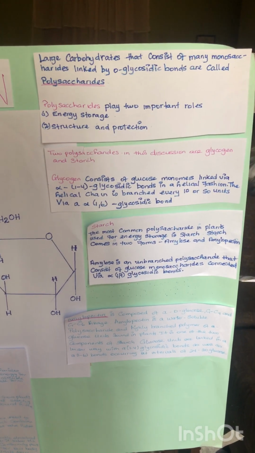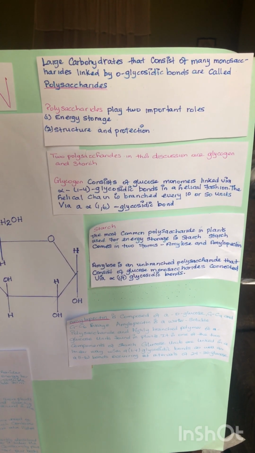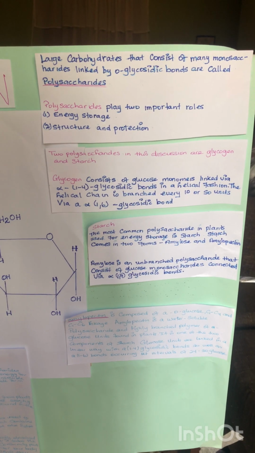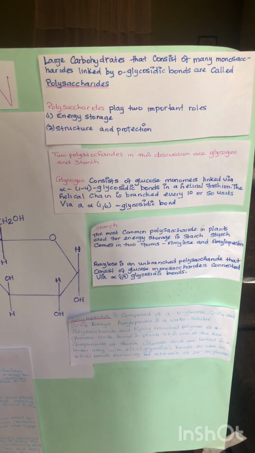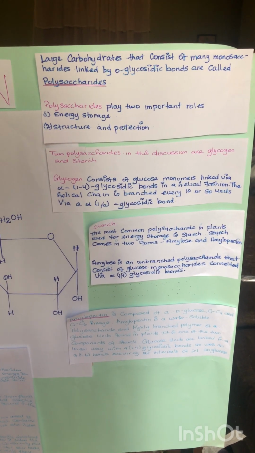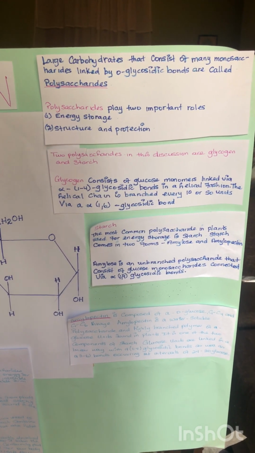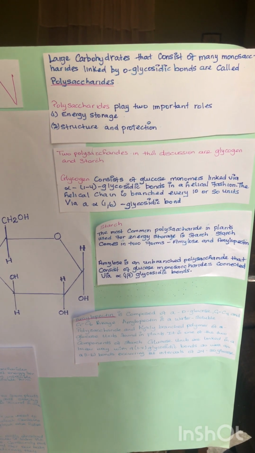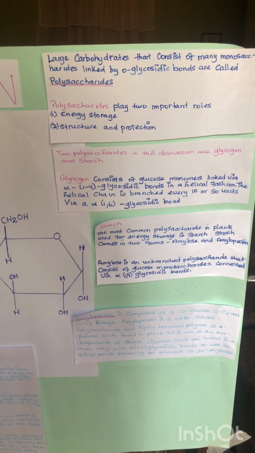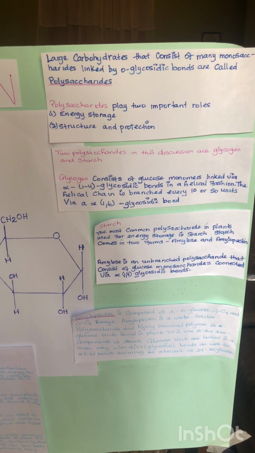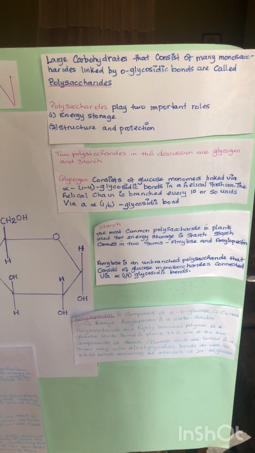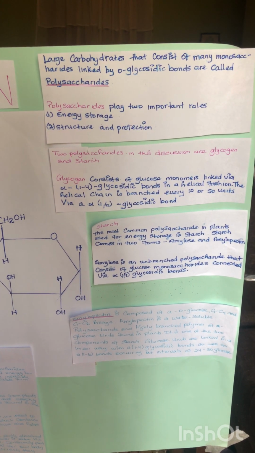So starch, the most common polysaccharide in plants used for energy storage, comes in two forms: amylose and amylopectin. Amylose is an unbranched polysaccharide that consists of glucose monosaccharides connected via alpha 1 to 4 glycosidic bonds.